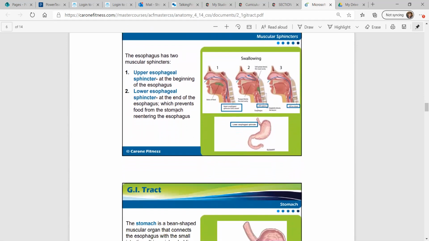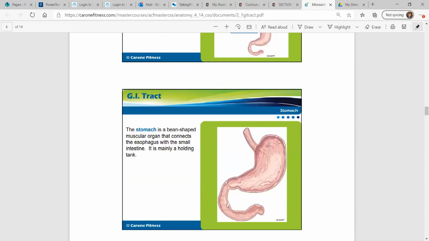The esophagus has two muscular sphincters. There's the upper esophageal sphincter at the very beginning, and then the lower esophageal sphincter at the end of the esophagus, which prevents food from the stomach re-entering the esophagus. So it tries to prevent things going the other way.